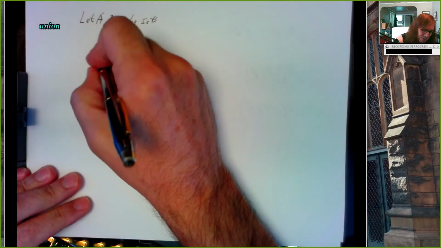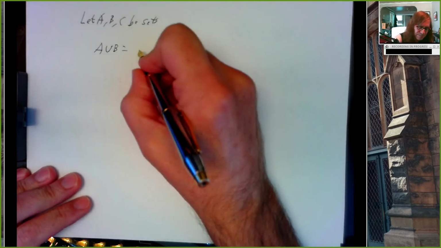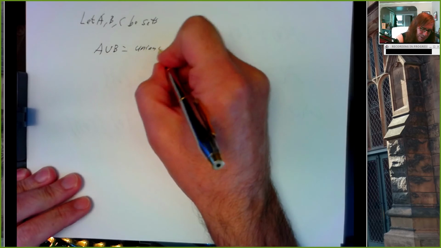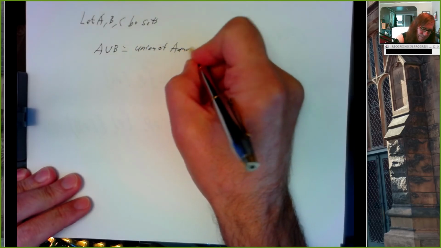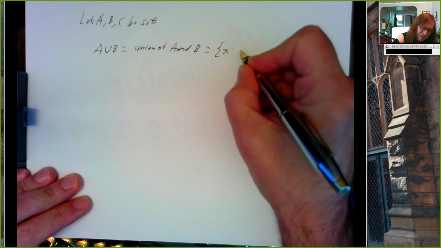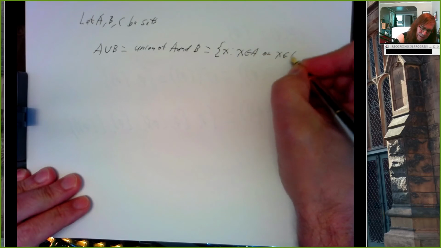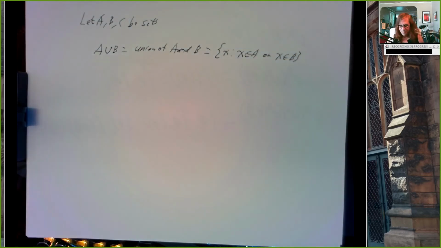So one operation we can do is called the union. A union looks like this. It's a U for union, and this is the union of A and B. It's the set of all elements X such that X is in A or X is in B. So we're putting the sets together basically.